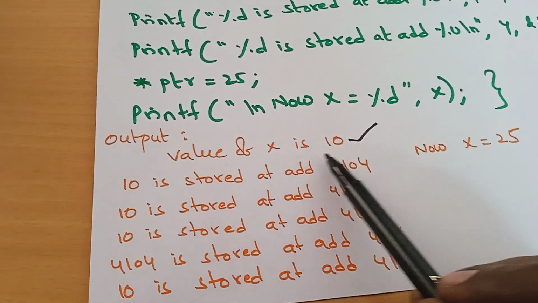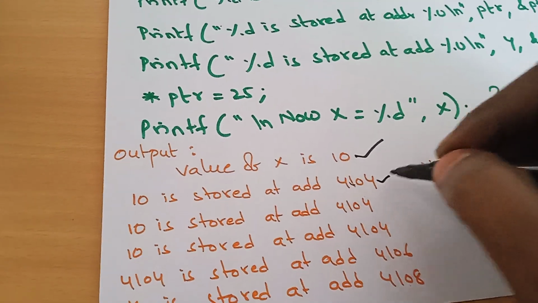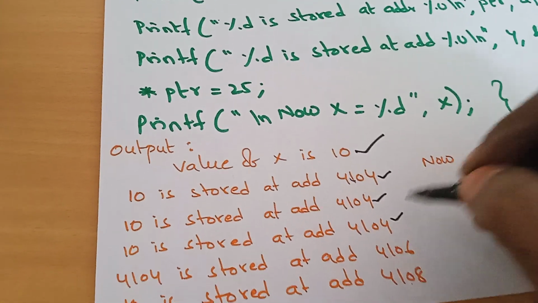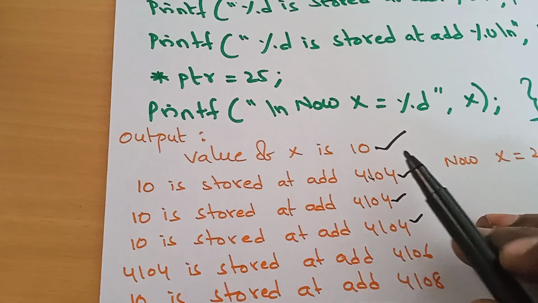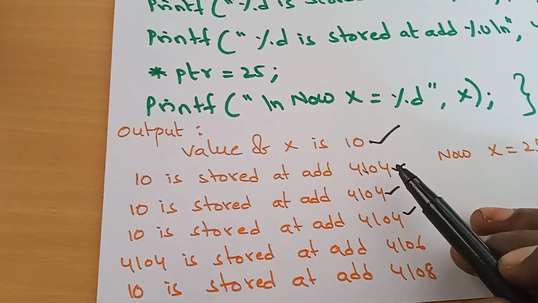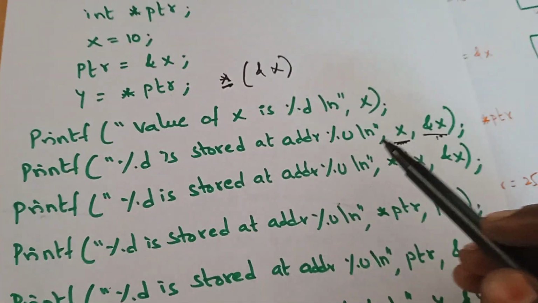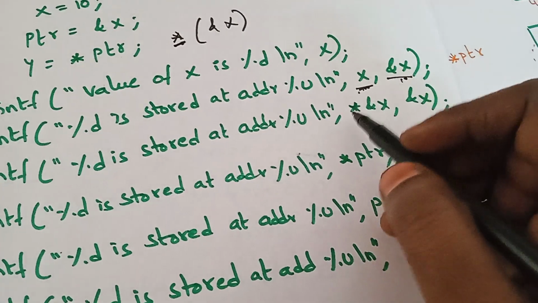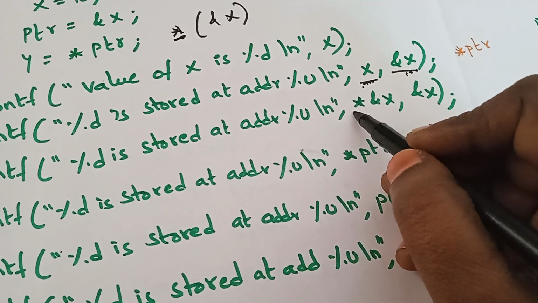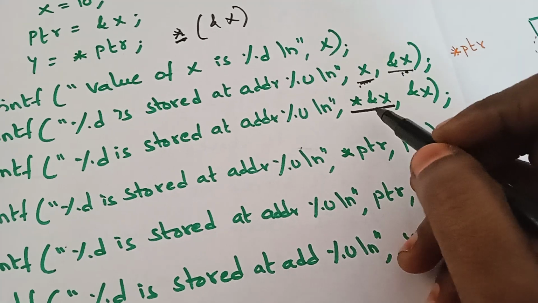So we will be getting this output. 10 is stored at address 4104. And this is the same with the next two statements. Look closely. The output of the second printf statement is equivalent to the third and fourth. What is written in the third printf? The third printf is *&x.